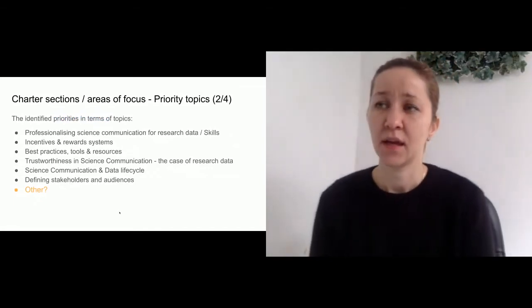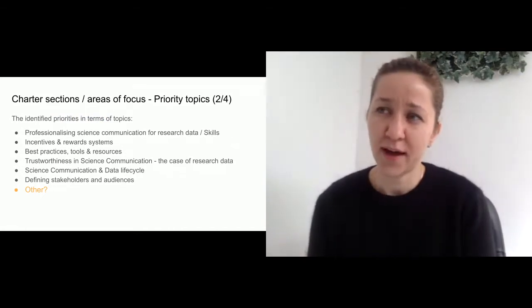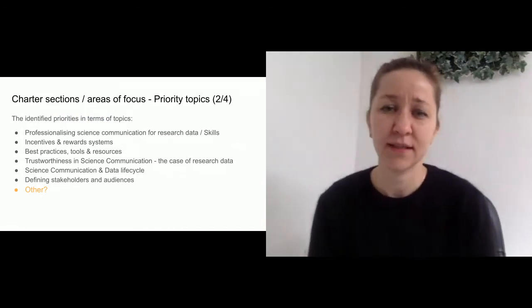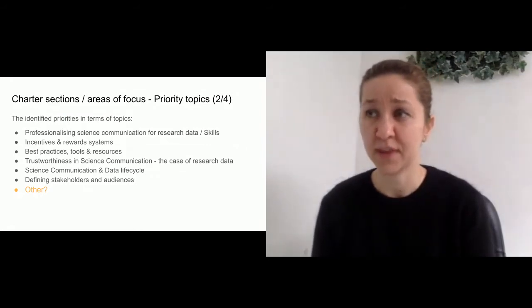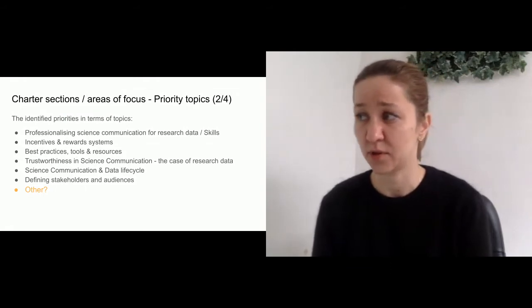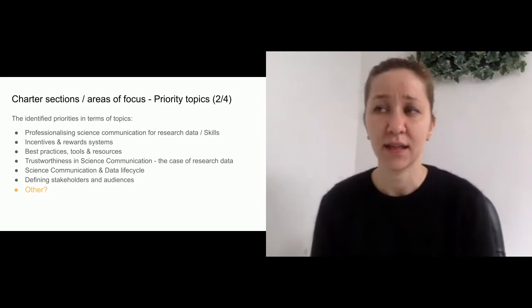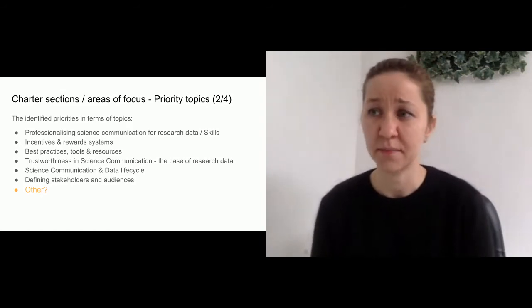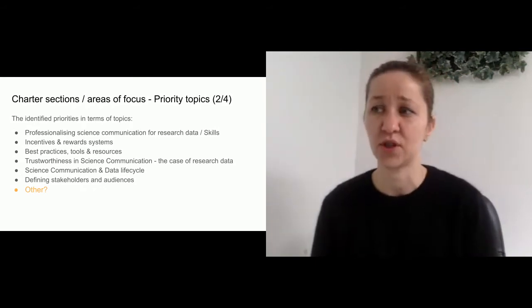In that conversation during the BOF, we have tried to identify a set of topics and priorities that the group can look at. Things like professionalizing science communication for research data and how that connects to skills, incentives and reward systems, best practices, tools and resources for science communication for research data.